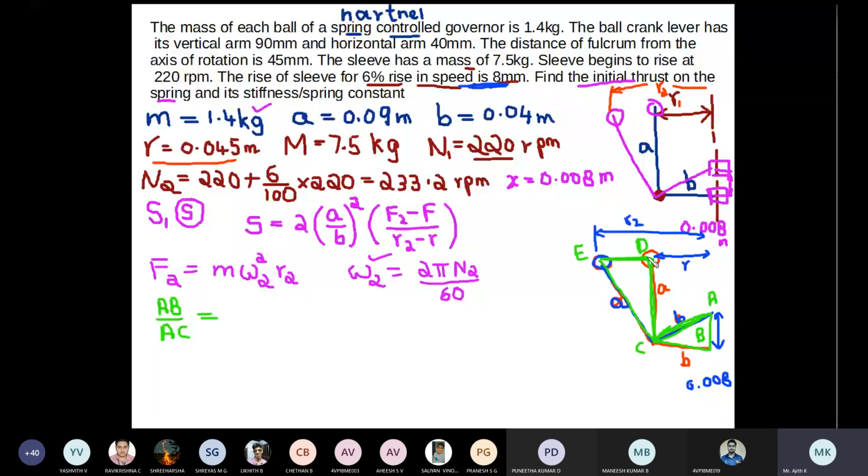This will be the base of triangle. ED divided by hypotenuse is EC.